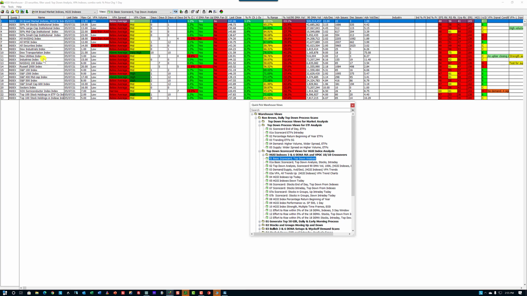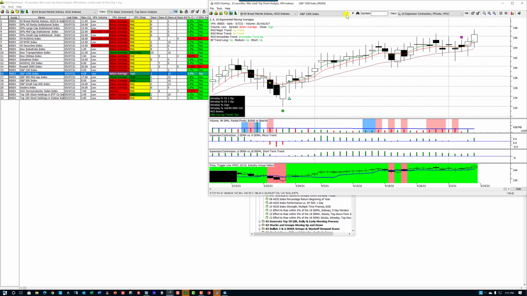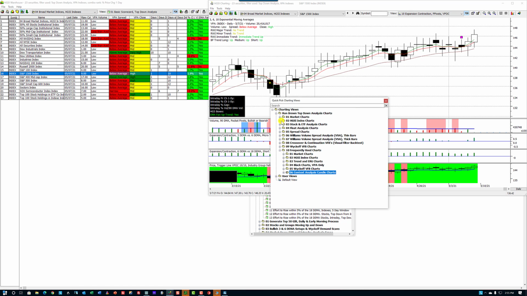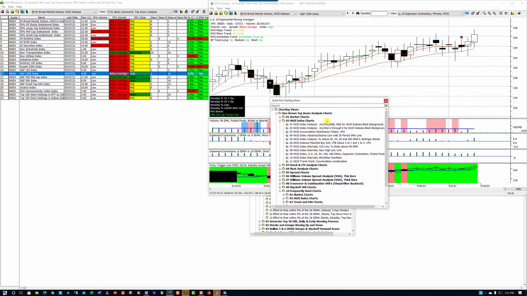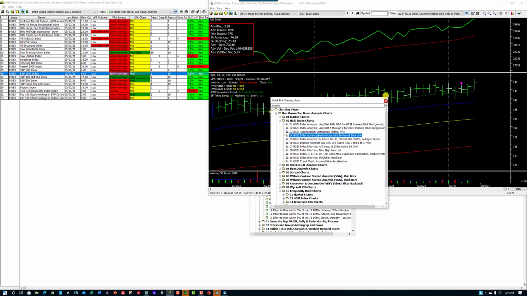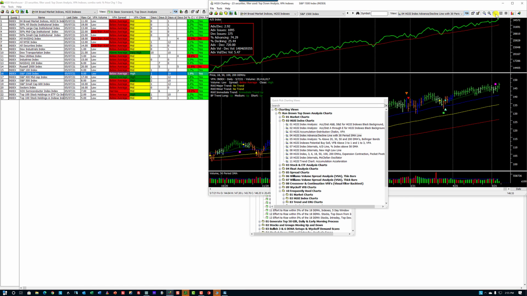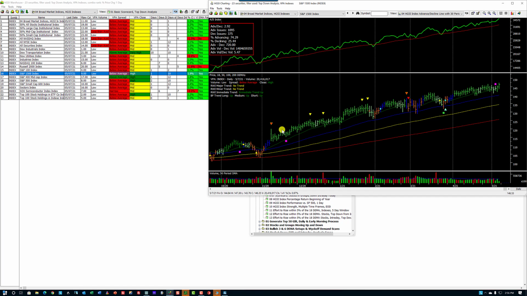Now I'm going to do one more thing. I'm going to take a look at the S&P 1500, not 100, and I'm going to go in to these HGSI index charts, and I'm going to look at a few of these charts. This is showing the strength here of the S&P 1500. This is the advancing issues.